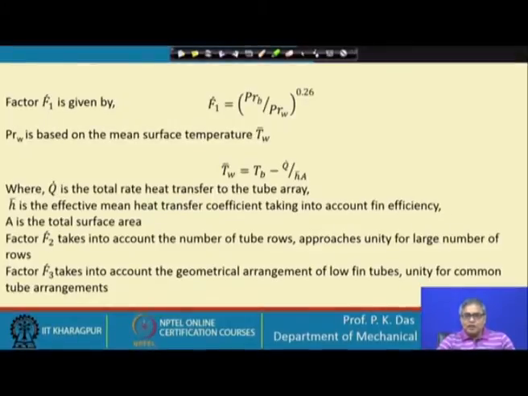Because for calculating the heat transfer coefficient we need the property values, and only then can we calculate the wall temperature. But for knowing the property values, the wall temperature and bulk mean temperature should be known.